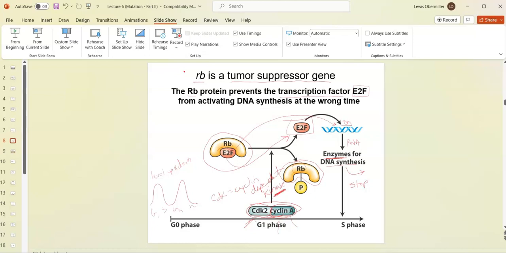Normally it would stop DNA synthesis, but in this case, it's going to turn it on. So it's going to go because it's going to uncontrollably make these enzymes, regardless of whether or not the cyclin-dependent kinase is present. Hopefully that makes sense.